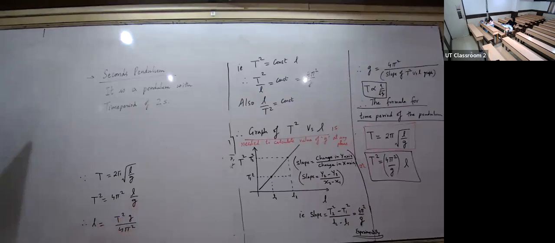Okay. So what do you find as the length of the seconds pendulum? For a seconds pendulum, time period will be 2, so 2 square. G you have to take as 10, divided by 4 into 3.14 square. Okay, so when you solve it, you should get the answer 1.014.